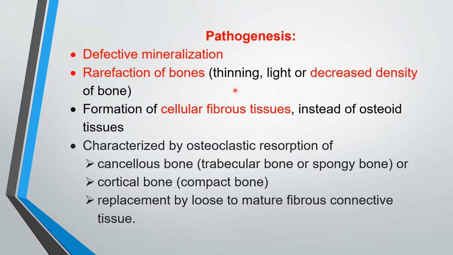And because of this, the bone becomes light and weak, or decreased density of bone. Normal bone is a compact bone. Here there is decreased density of bone because of the defective mineralization.